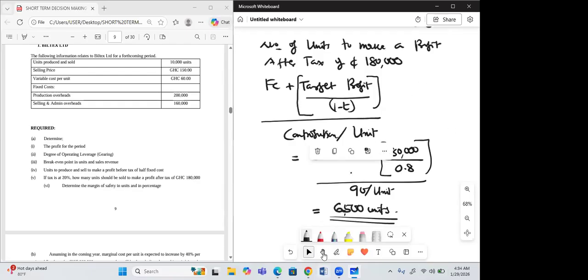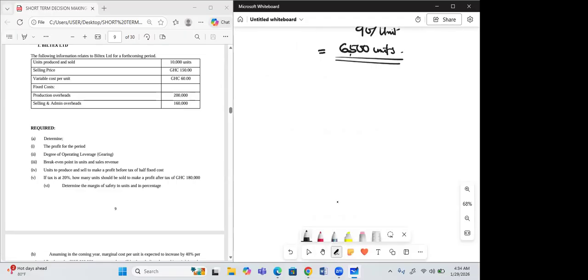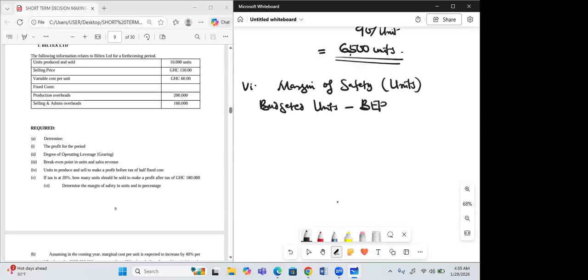Now they say we should determine the margin of safety in units and in percentage. The margin of safety is the budgeted units minus the break-even point in units.